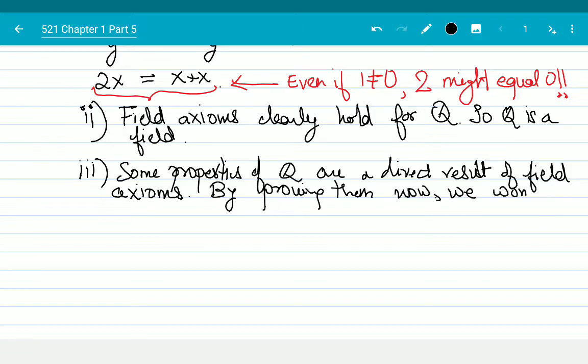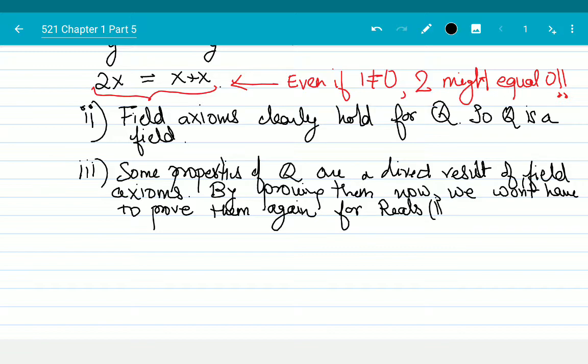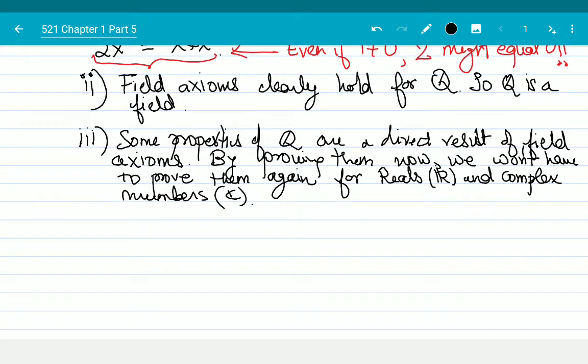Now, we haven't defined what reals are and what complex numbers are so far, but we are going to do them in a while. So just so you know, even if you're not aware of complex numbers, that is fine. When we do define them, we'll go through them. So what are these properties that I'm talking about?